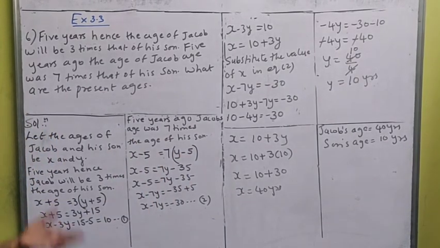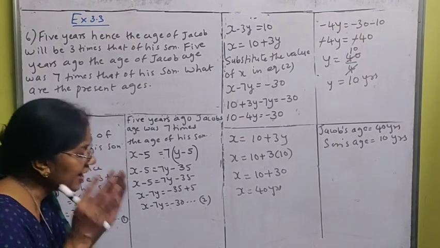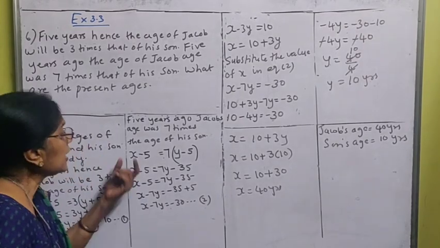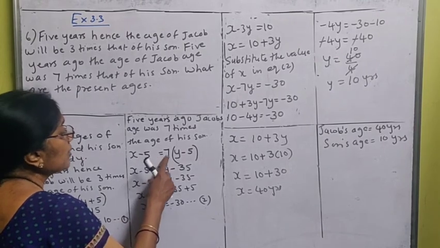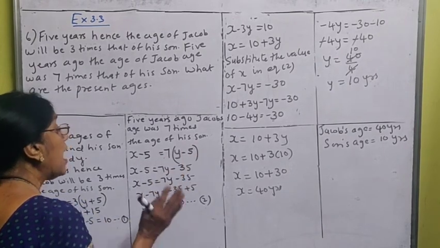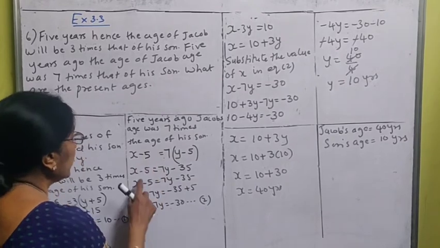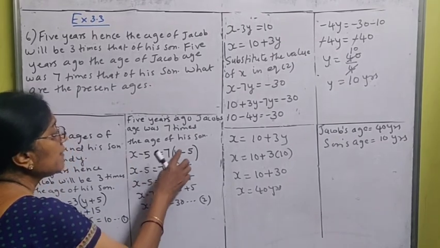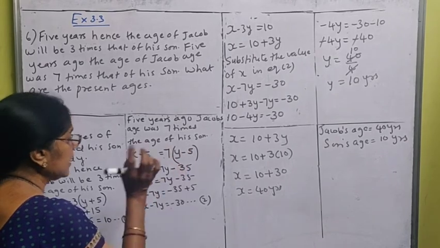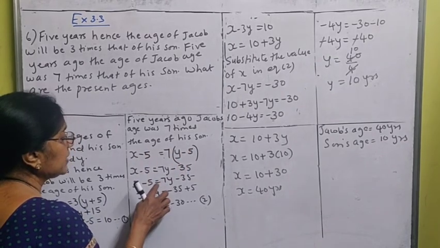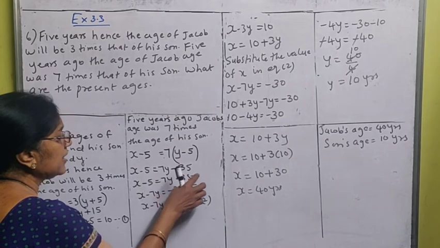If you multiply the age of the son with 7, that much will be the father's age. So X minus 5 is equal to 7 into (Y minus 5). I will remove the bracket: X minus 5 will remain as it is, 7 into Y is 7Y, the minus sign remains, 7 into 5 is 35. So X minus 5 is equal to 7Y minus 35.